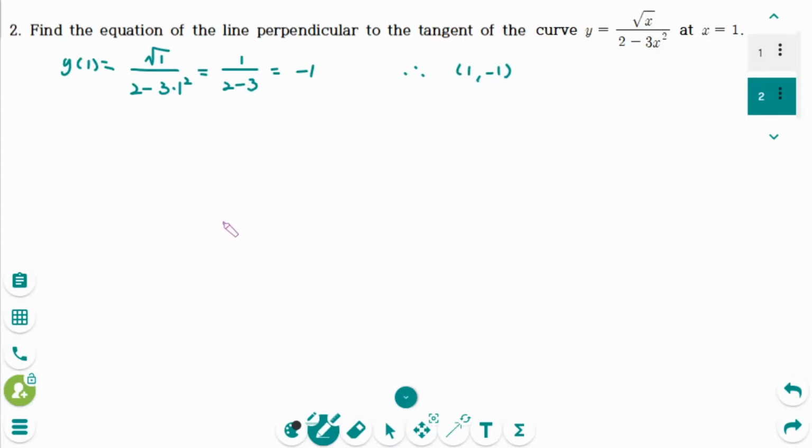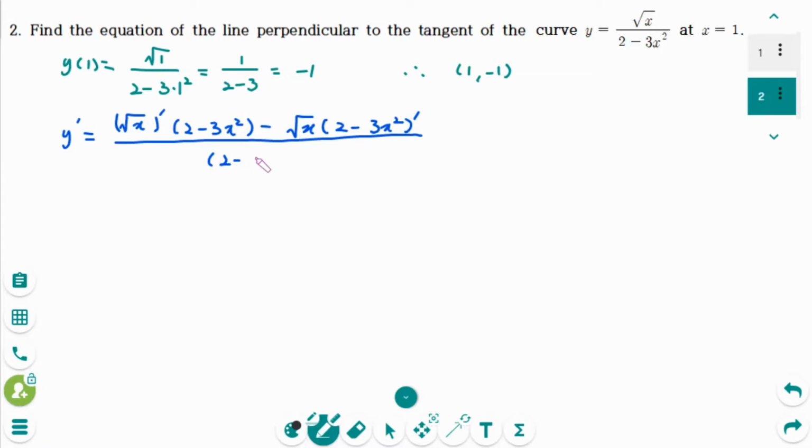Differentiate y, use the quotient rule. y prime equals (square root of x) prime times (2 minus 3x squared) minus square root of x times (2 minus 3x squared) prime, over (2 minus 3x squared) squared.